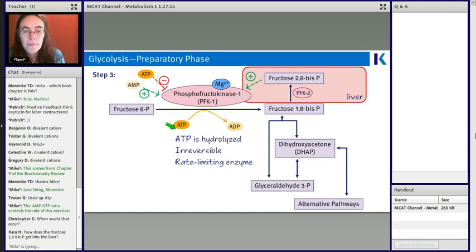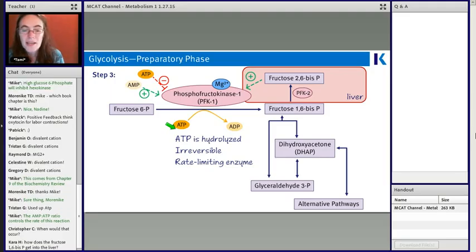Okay? All right, couple of great questions coming up about the liver. So first of all, fructose 1,6-bisphosphate, this happens in all cells, so it's already going to be in the liver. So it'll be taken from those cells that are used in the liver. All right? And this happens if the liver needs to do things.